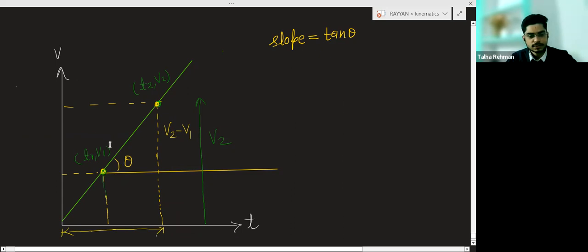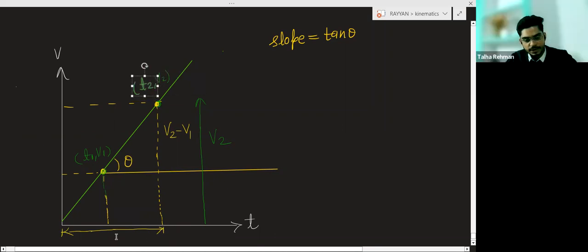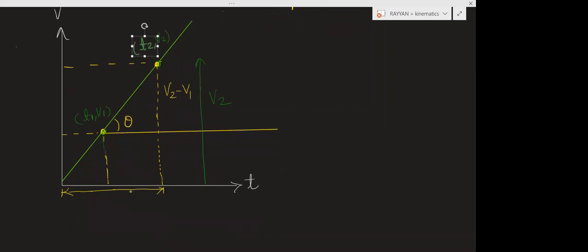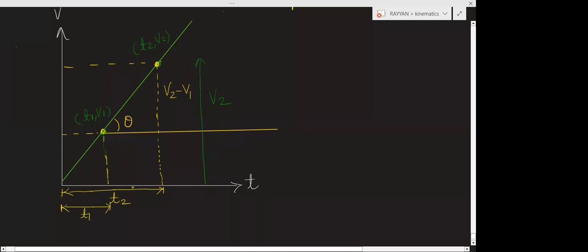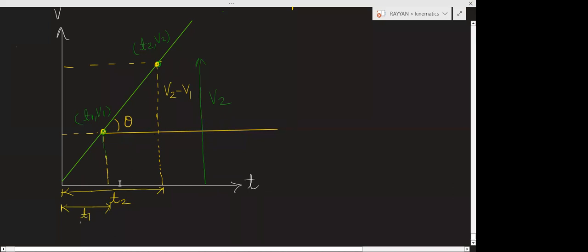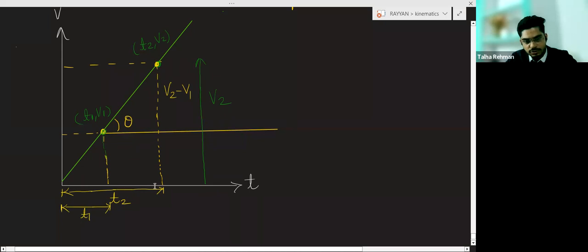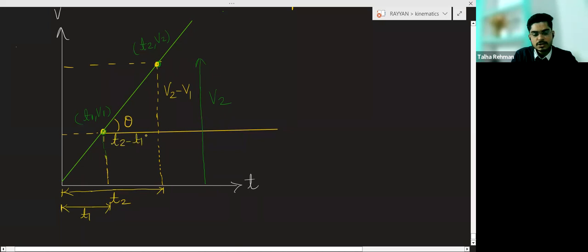This distance will be t2, because this is the point t2. And this distance will be t1, because this is the point t1. So we can find this distance now: t2 minus t1. This line and this line are parallel, so this distance and this distance will be equal. So it will be t2 minus t1.